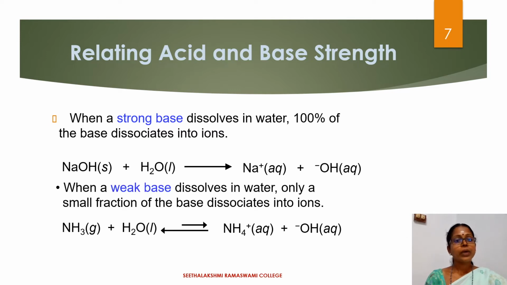Whereas a weak base dissolves in water and forms only a fraction of the OH- ions. That's the reason why we have a double-headed arrow here. Ammonia is an example of a weak base, and it dissolves in water to form ammonium ion, NH4+, and OH-, as we see in the equation.